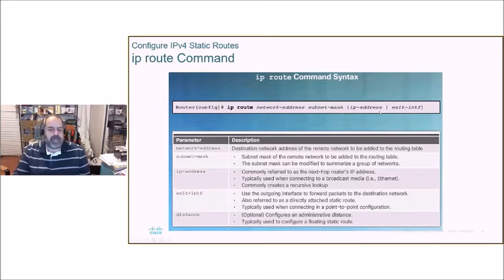It's either a next hop IP address or the interface on this router that the packet needs to exit. I think we might have looked at this last chapter. You can also optionally put in that distance. When we were talking about that floating static route, you could put in 91 or 255, whichever is your preference. That would be after the exit interface, you put the number.